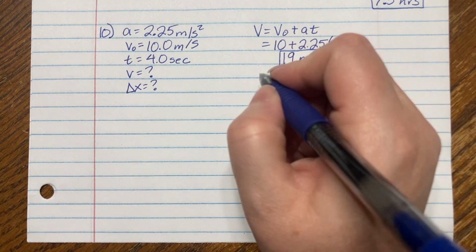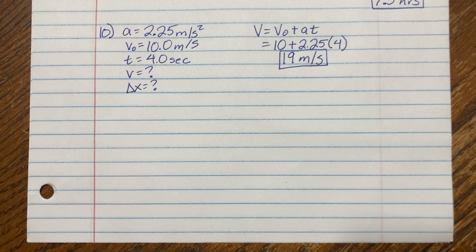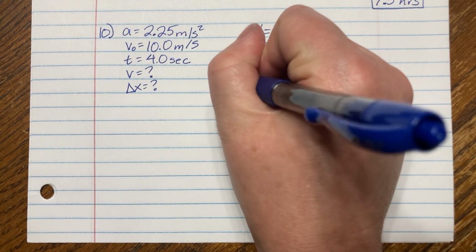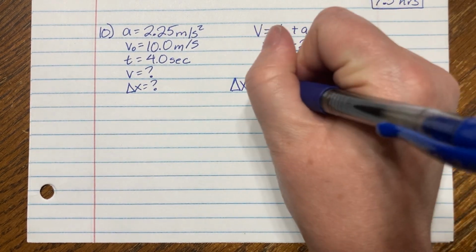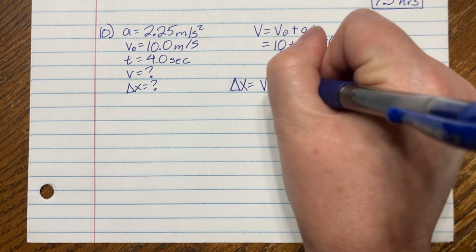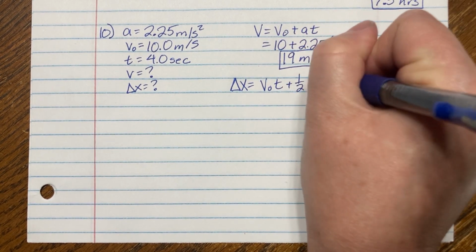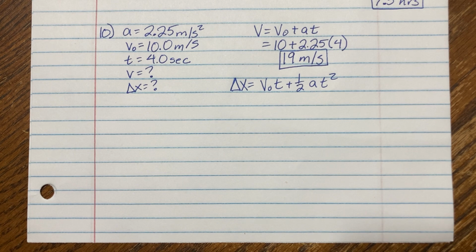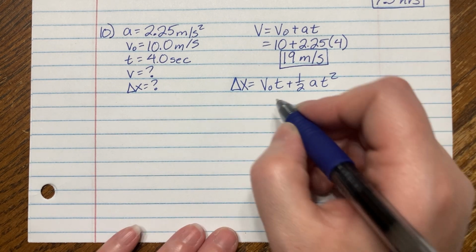And then how far, we could use either the v squared equation or the other one. We're looking for delta x, so I'm going to go with the one that's solved for delta x already, which would be v naught t plus 1/2 a t squared. We can't cancel anything, nothing's 0, but we can start plugging numbers in.